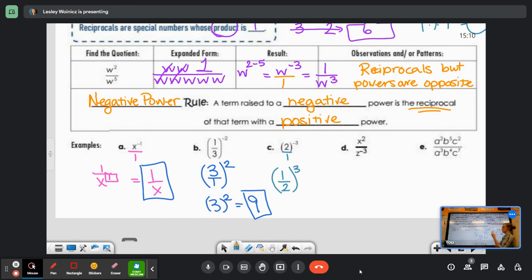Multiply it with itself 3 times. So I'm doing 1/2 times 1/2 times 1/2. So if you multiply across your numerators, 1 times 1 times 1 is just 1. What's 2 times 2? 4 times 2, 8. So it's just 1/8.